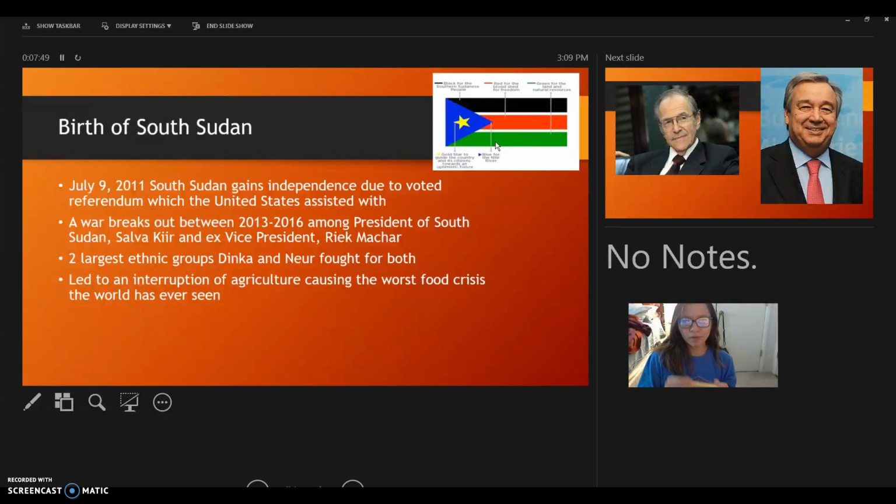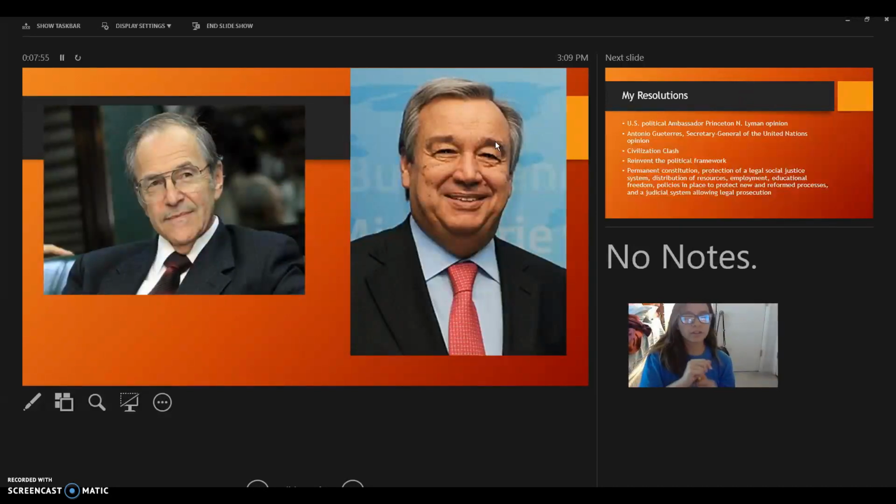So in order for my resolution to really come together, I really was inspired by these two men here, these gentlemen that are part of the United States. The first guy on the left, his name is President N. Lyman. He's a U.S. political ambassador, and then on the right we have Antonio Guterres. Oh wow, I can't even say his last name.